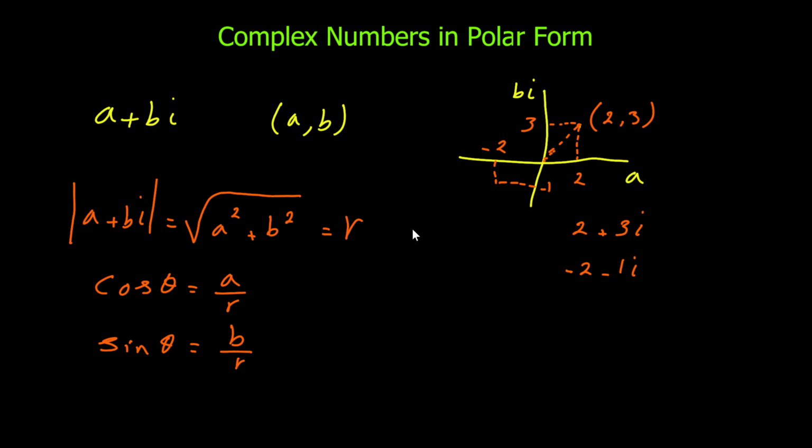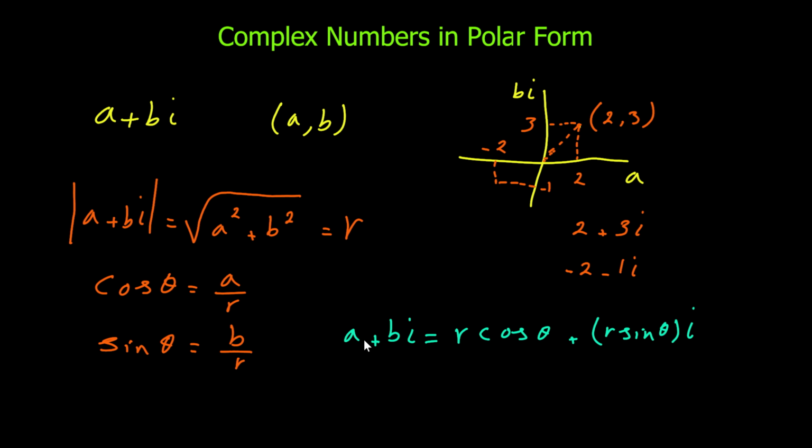Now that we know the complex number, in order to write the polar form, we need the sine and cosine. So the general term for the polar form, transforming a plus bi to polar form, is going to be r cosine theta plus r sine theta times i.